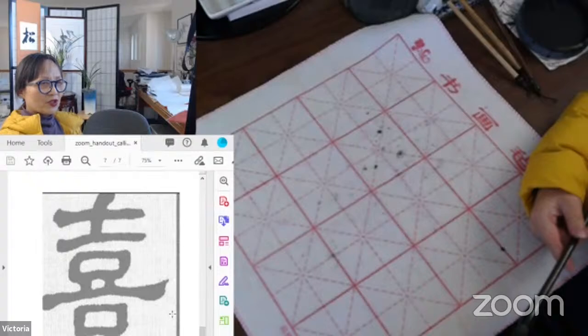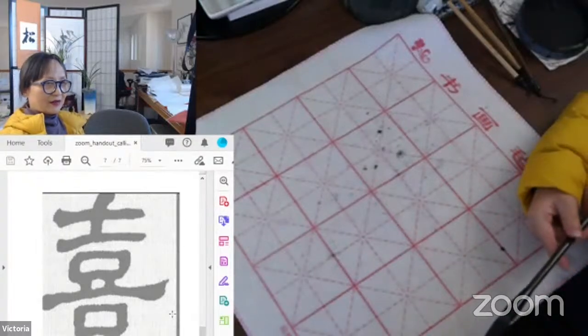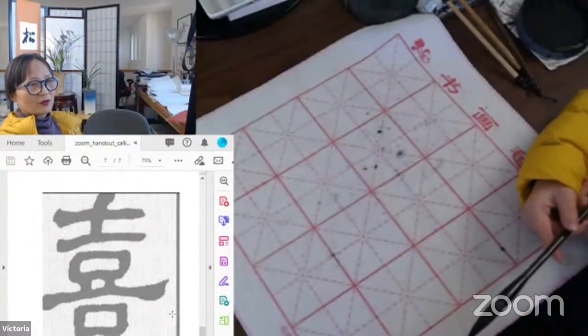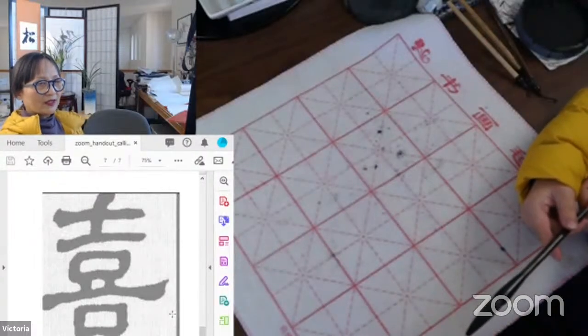I will show you a picture later. I posted a picture in the classroom.